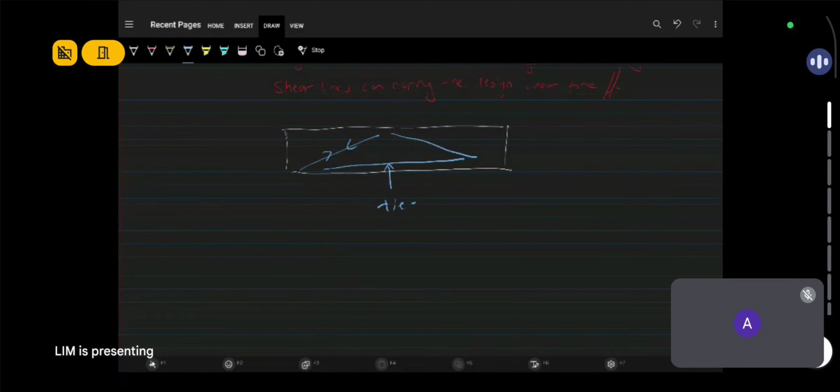We need to know what that tie force is as well, because that tie force is tension, and it will put additional tensile forces at the bottom of the beam. The bottom of the beam is bending, it's already undergoing tension. Now because of this strut and tie model, we are putting additional tension in the bottom of the beam. So we need to check how much we have to increase the reinforcement by.